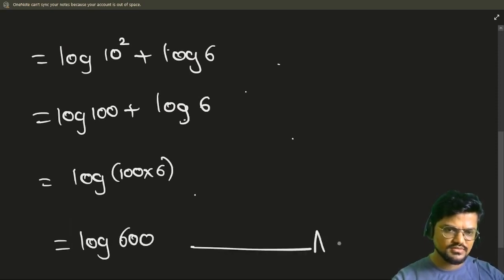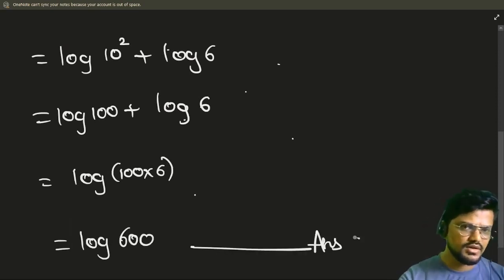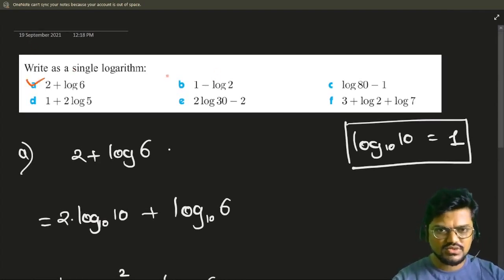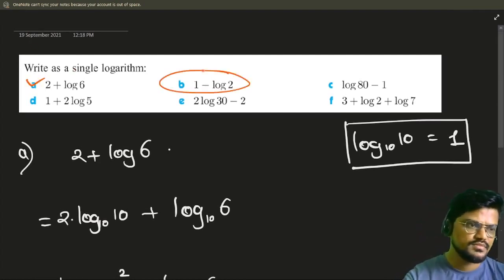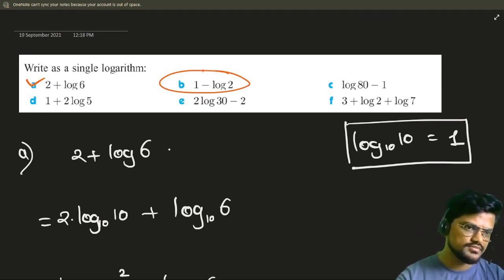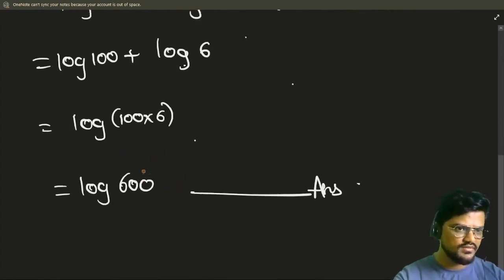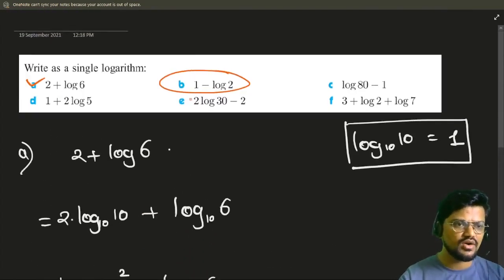This is your answer. Got it? Now, similarly, the first one is solved. Please solve the second one and write it in the simplest form, in a single logarithm. As we have written over here, it is in the single logarithm, so the same way you have to write the second question in a single logarithm.